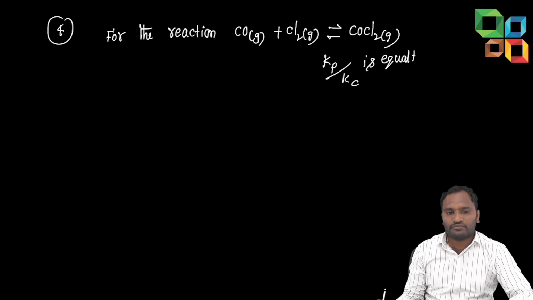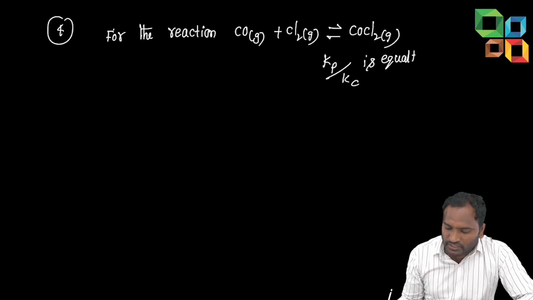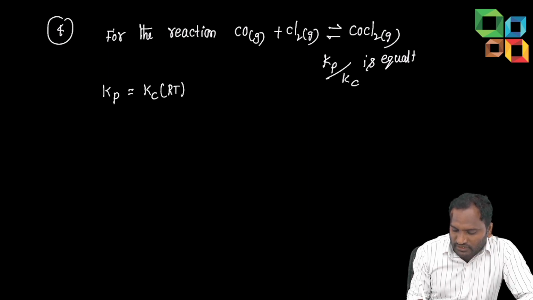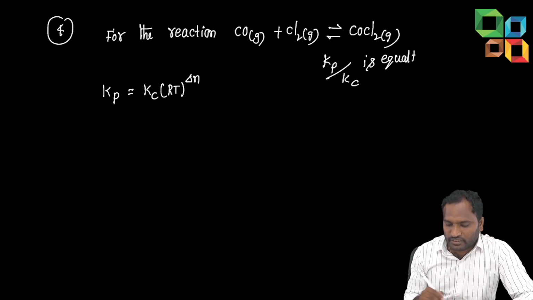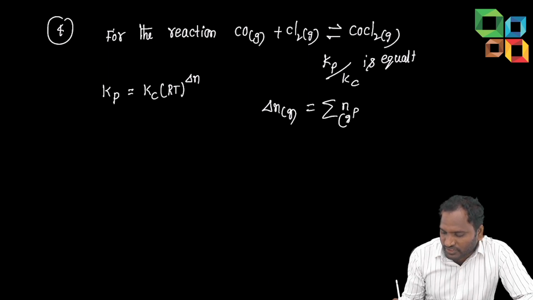Kp by Kc is equal to, you know the relation, Kp is equal to Kc into RT power delta n. Other day we did delta n. Now delta n is nothing but the sum of the number of moles of gaseous products minus the number of moles of gaseous reactants.